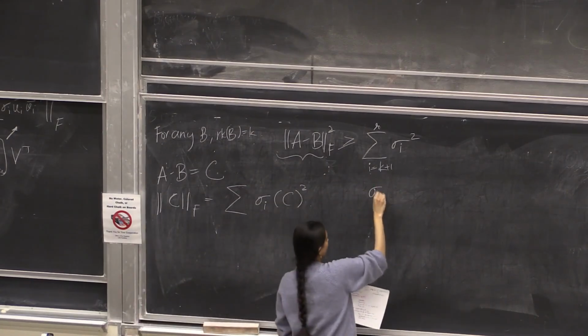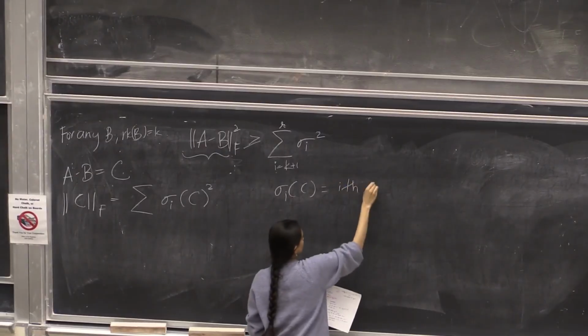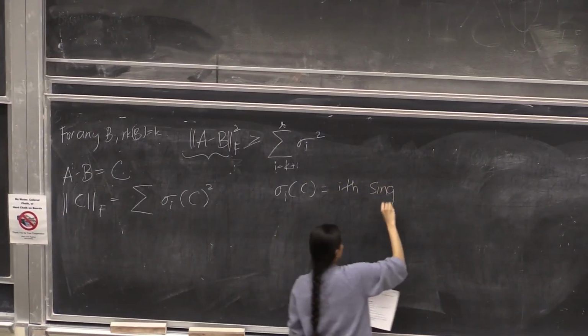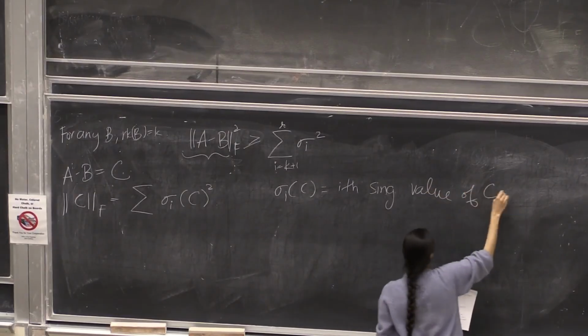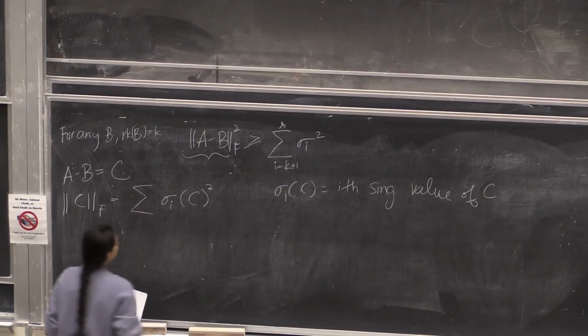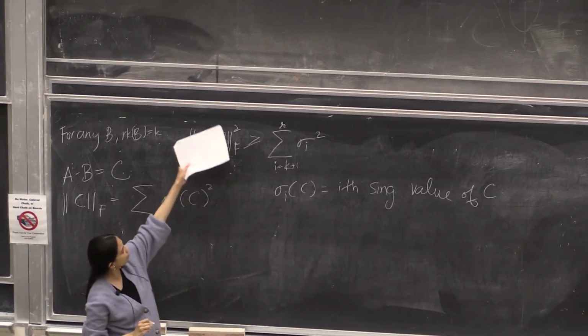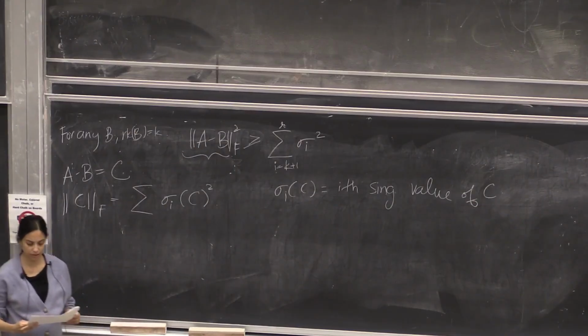Where sigma i of C is the ith singular value of C. So what I have here is a bunch of singular values.